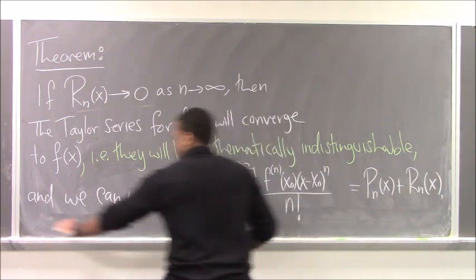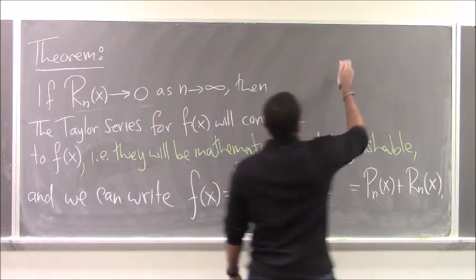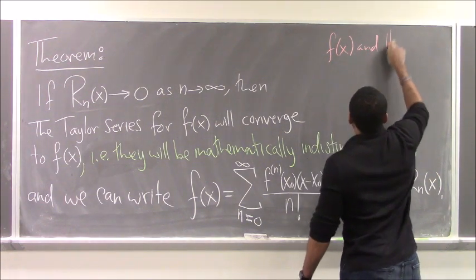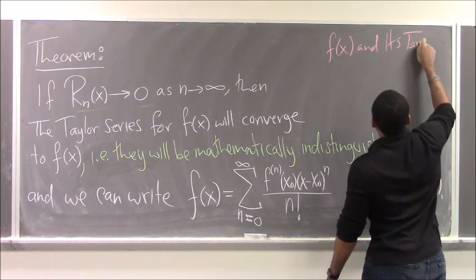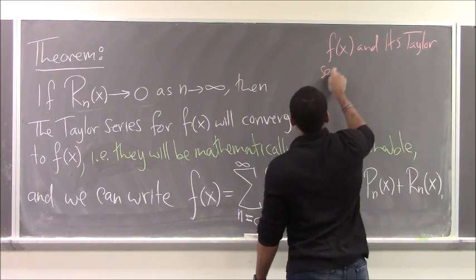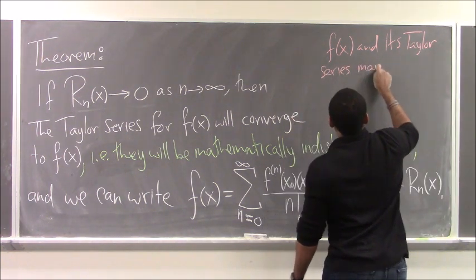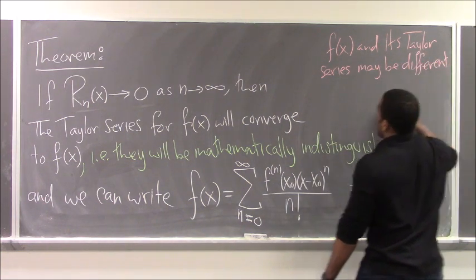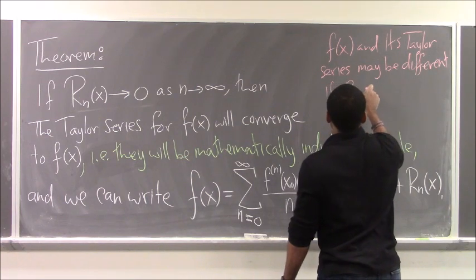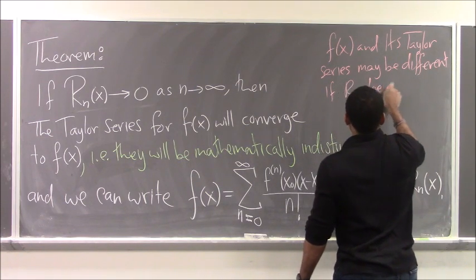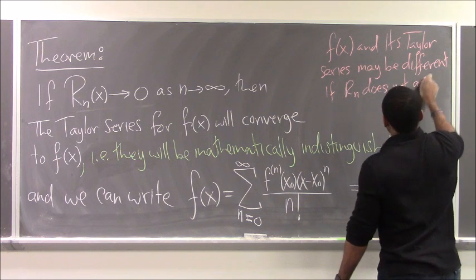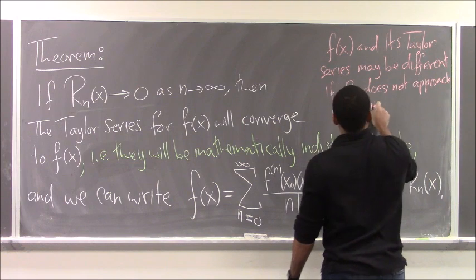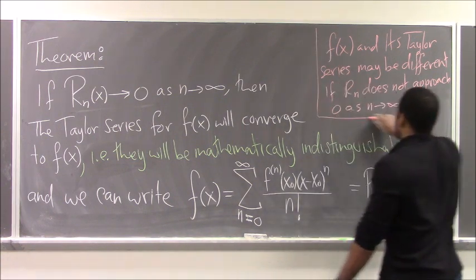So f of x and its Taylor series may be different if r to the n does not approach 0. Right. So that's just a side note.